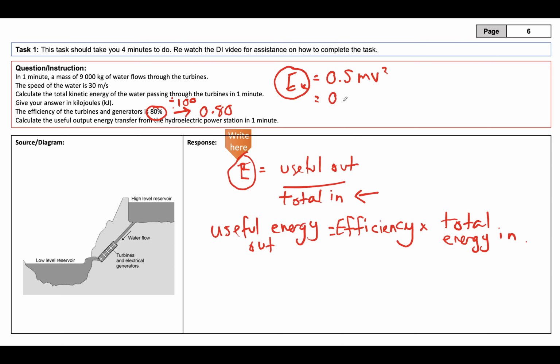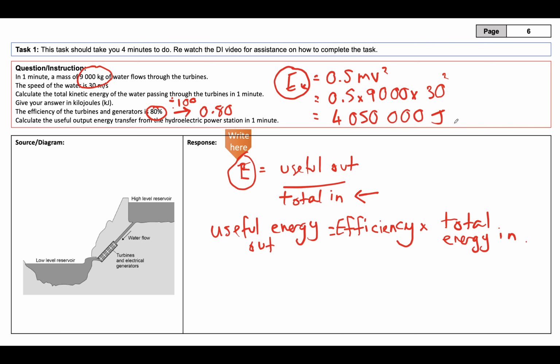So our kinetic energy was 0.5 times 9,000. So hopefully we're well practiced at this by now. Times by 30 squared. That is 4,050,000. Yep, just double check that. That's good.